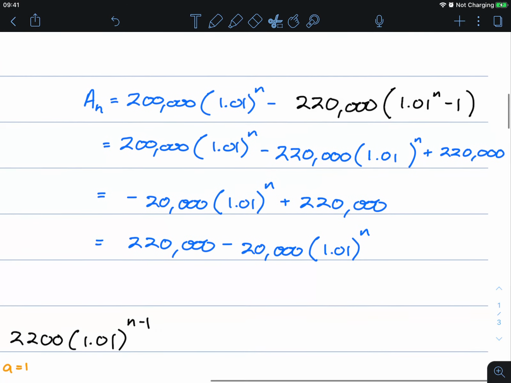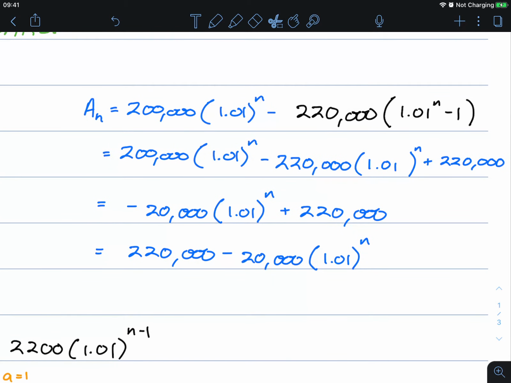And there we have an expression for the value of the loan at any time n.